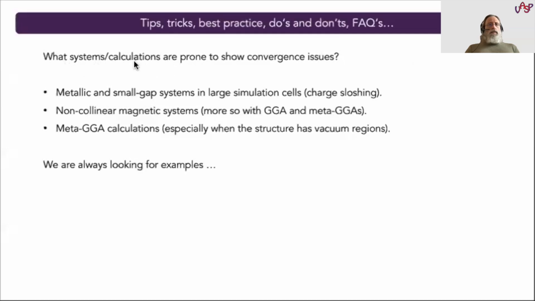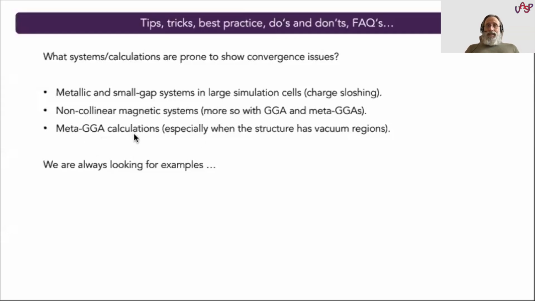So what systems or calculations are prone to show convergence issues? Like we saw, charge sloshing is one of the main reasons for convergence problems. So metallic and small gap systems in large simulation cells are prone to show trouble in convergence. And then there's another category, non-collinear magnetic systems. They are notoriously hard to converge, more so with GGA than LDA, and more so with meta-GGAs than with GGAs again.